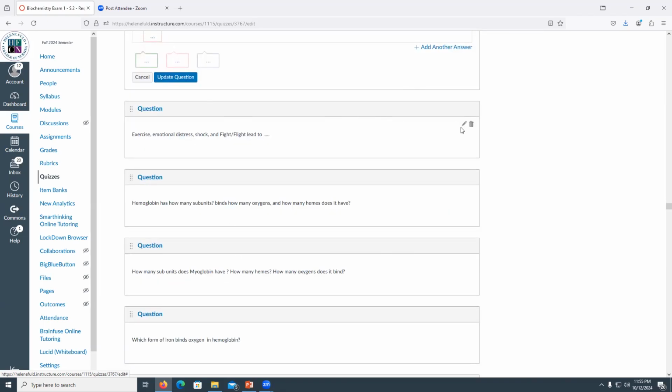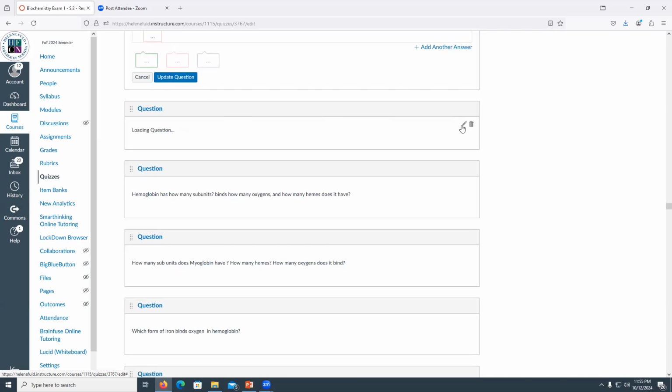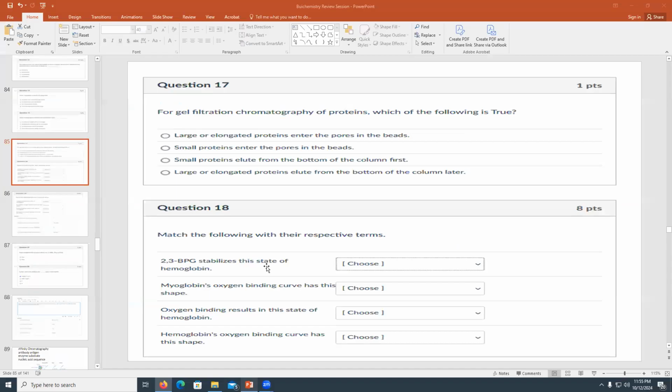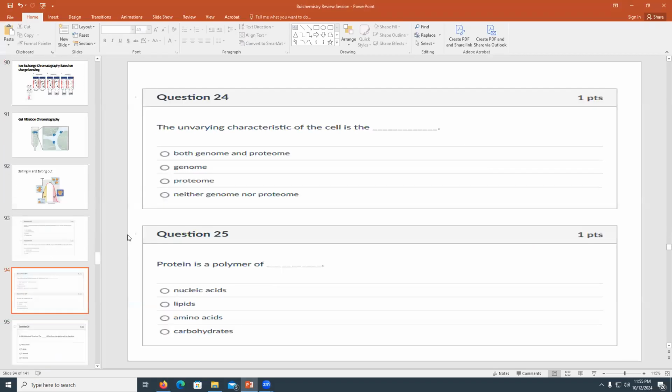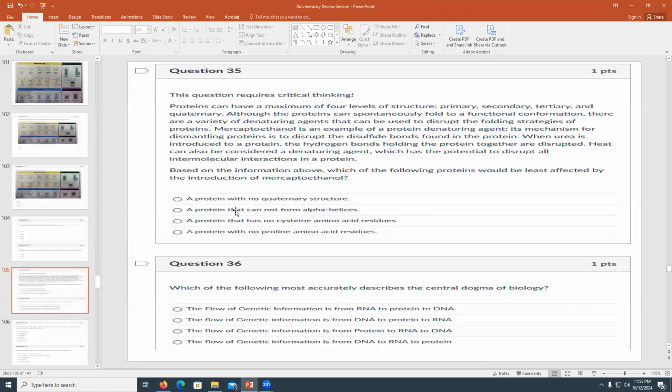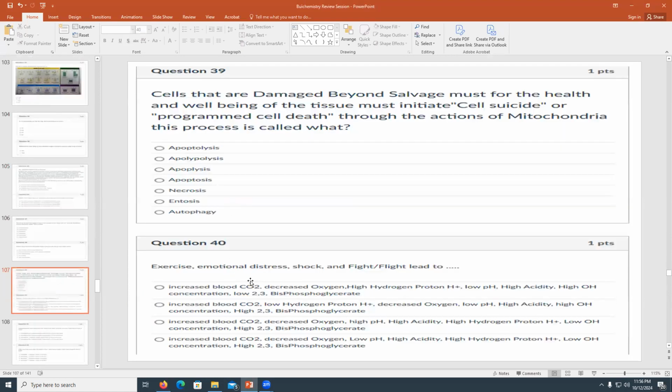Exercise, emotional distress, and fight or flight lead to, what do they lead to? They lead to increased blood carbon dioxide. Let's go here. Exercise, emotional distress, shock, fight or flight, lead to increased carbon dioxide, decreased oxygen, high hydrogen proton, low pH, high acidity, and high OH.